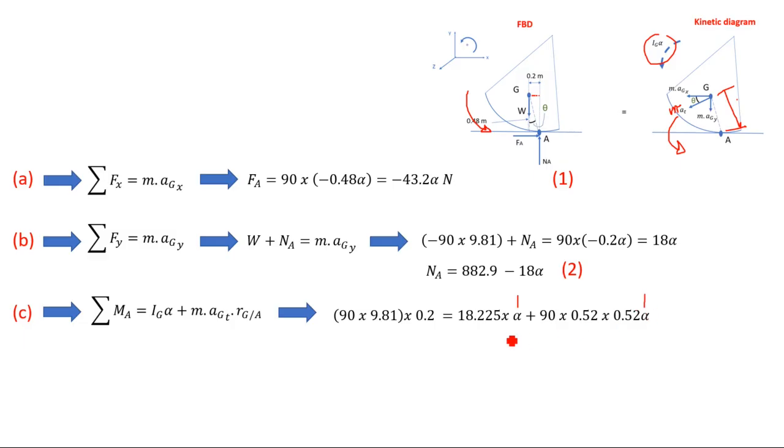Now, if I go through the parts, the 90 is the mass, 9.81 is the gravitational acceleration. So I'm going to have the weight multiplied by 0.2, which is that distance. That's what we have in the free body diagram. Here, this is the value for the IG that we calculated multiplied by alpha, plus the mass multiplied by the tangential acceleration multiplied by the distance from G to A. Okay, so we got all the parameters.